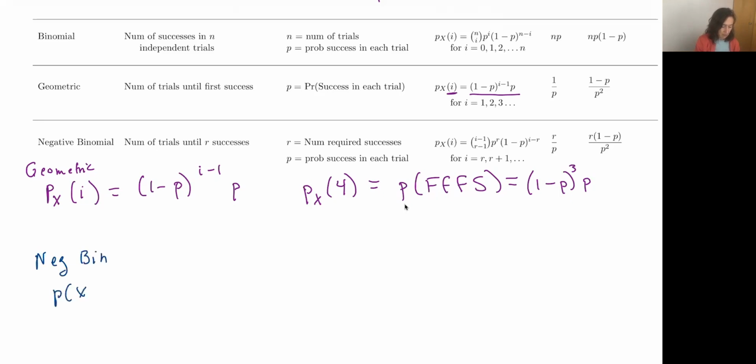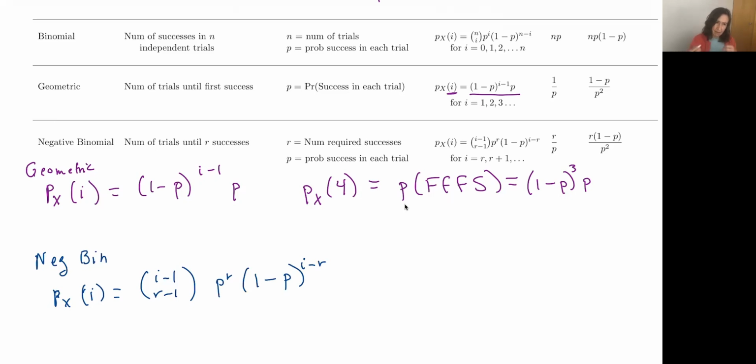Negative binomial PMF: the probability that it takes i trials to get R successes is i minus 1 choose R minus 1 times p to the R times 1 minus p to the i minus R. That is a pretty weird looking PMF.